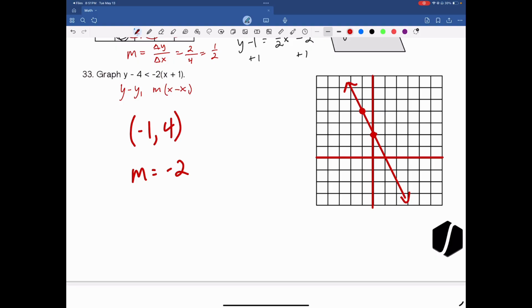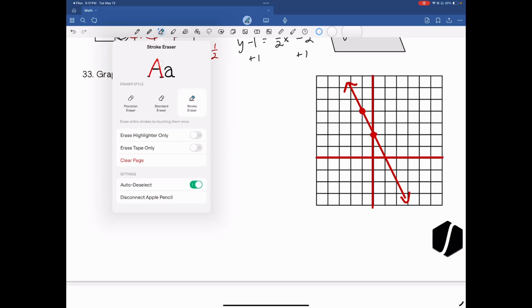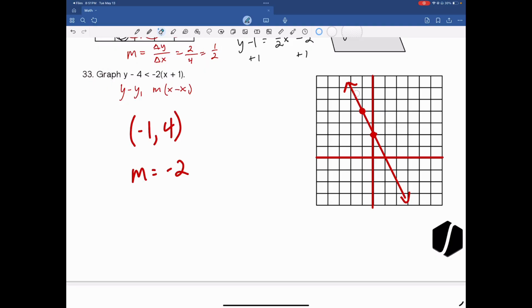But that would be for an equation. So what we want to do is now make this a dashed line here because if we look at this, this is an inequality, right? So it says y minus 4 is less than -2 times x plus 1.